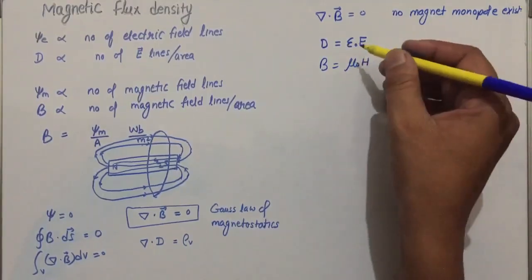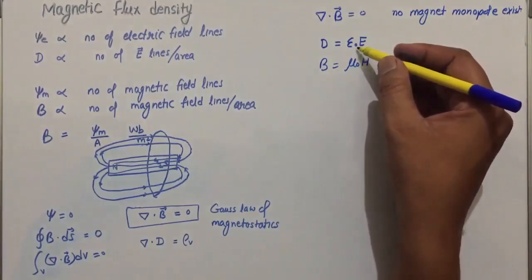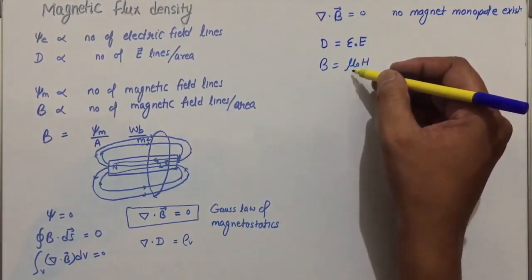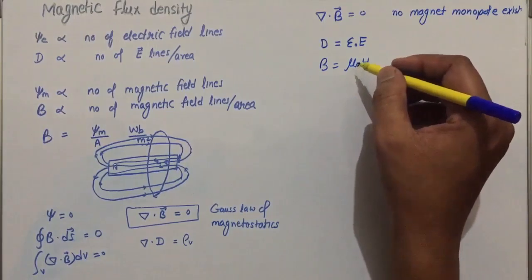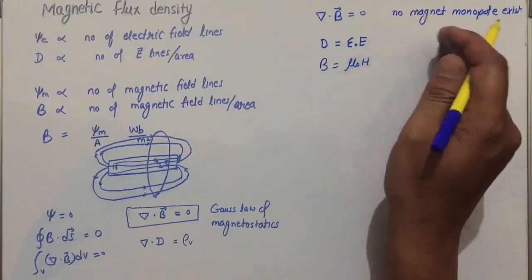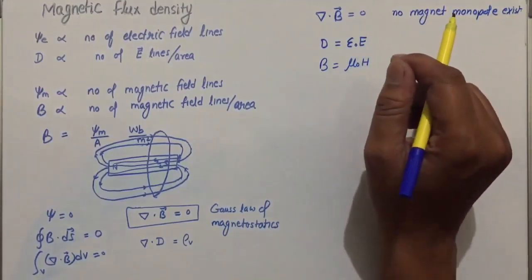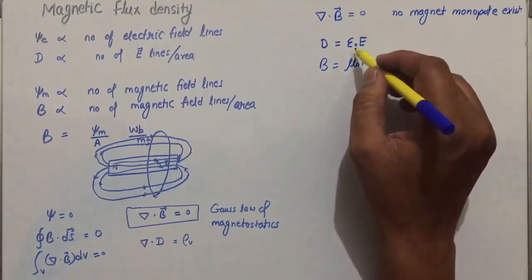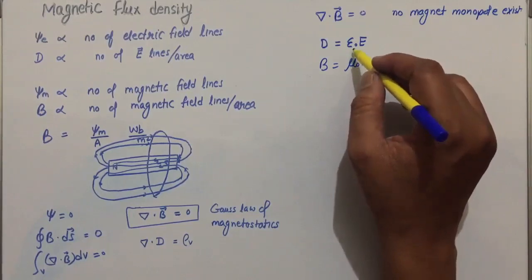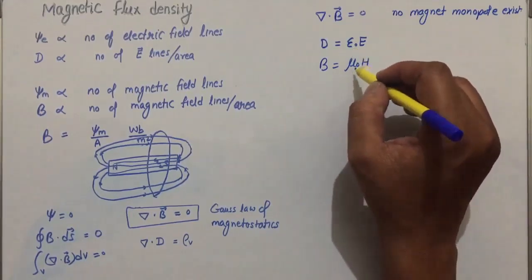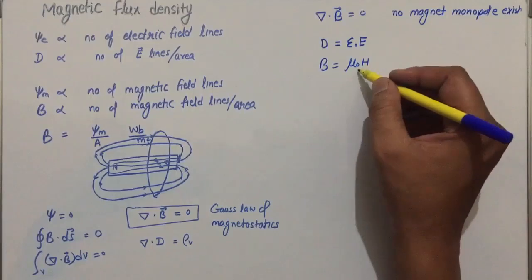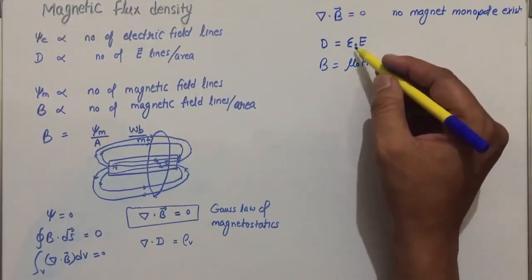In this way it causes resistance to the field lines. However, mu naught is permeability. It allows the magnetic field lines to pass through the surface. So this is the resistance, this is the allowance. So it resists the electric field lines, it allows the magnetic field lines. This is known as permeability and permittivity.